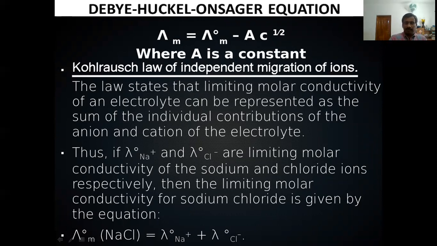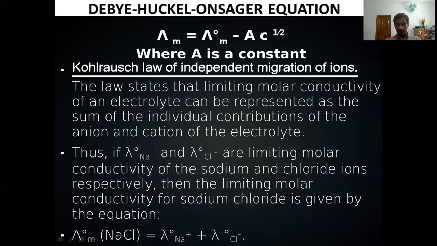In this law, what are the conditions? The condition is infinite dilution. At infinite dilution, when the dissociation is complete, all the molecules of the electrolytes are dissociated completely. The law states that the limiting molar conductivity of an electrolyte can be represented as the sum of the individual contributions of the anion and cation of the electrolyte.